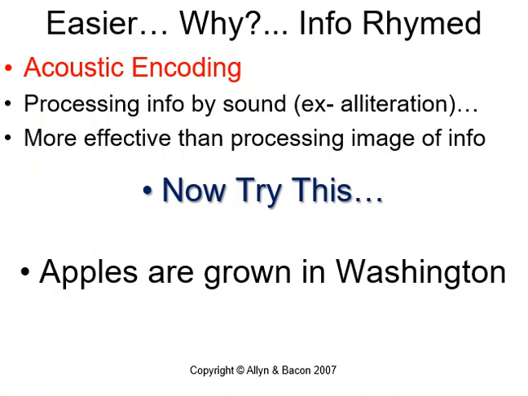Now, what we do know is that when we combine different types of encoding, we have even more of a chance of remembering. So technically, you read the words as well, and you said it in your head, it rhymed, it had that acoustic encoding. So you technically made use of two different types of encoding at the same time, which meant that it was probably even easier for you to remember that.